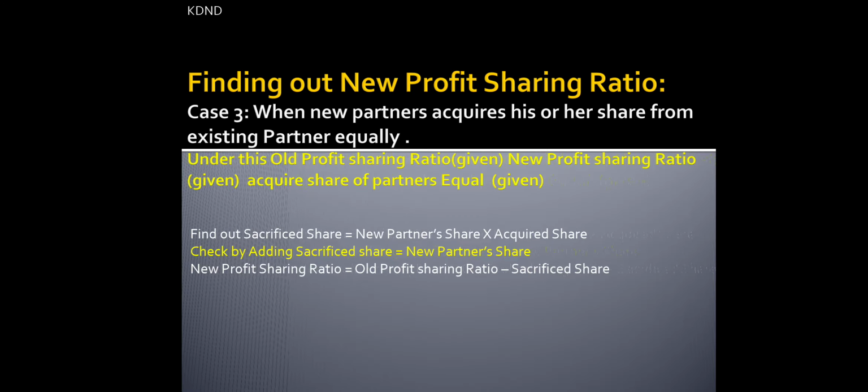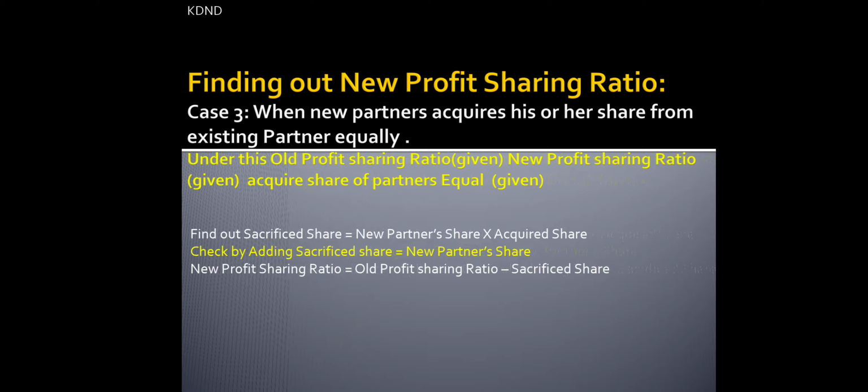Now, there is another case, case number 3, when the new partner acquires his or her share from the existing partners. Here, acquires means to get from the old partners. Under this, the old profit sharing ratio will be given, the new partner's share will be given, and the acquired share will be given.